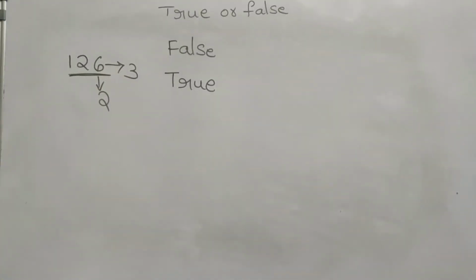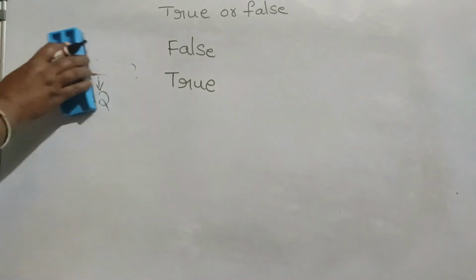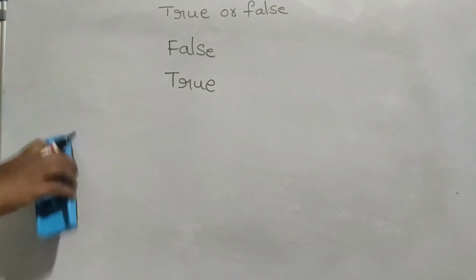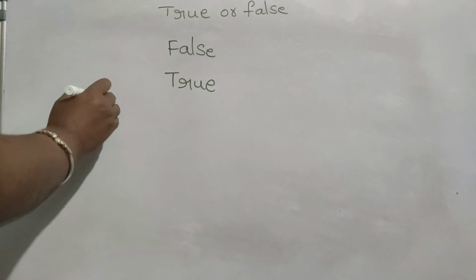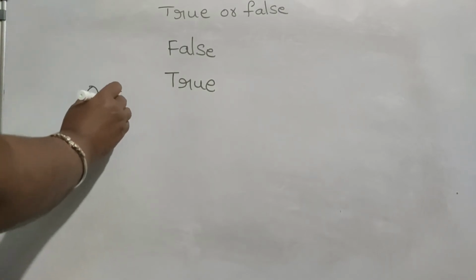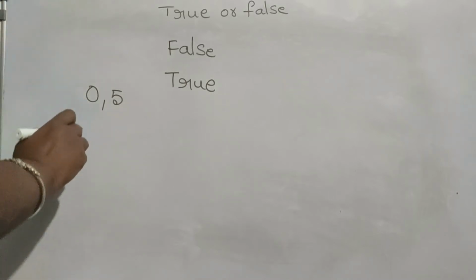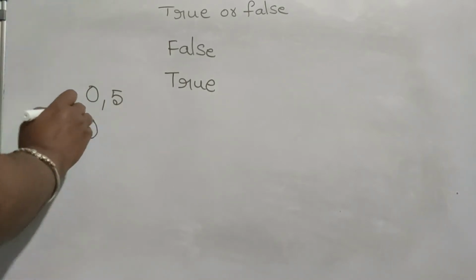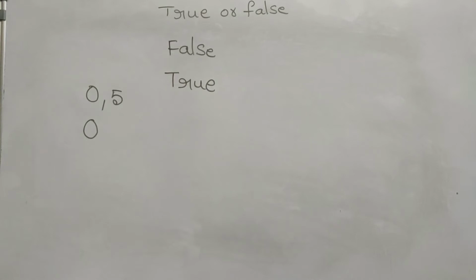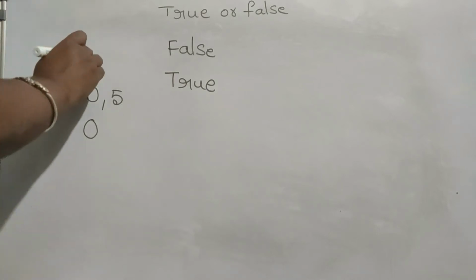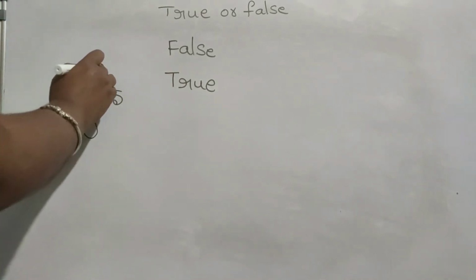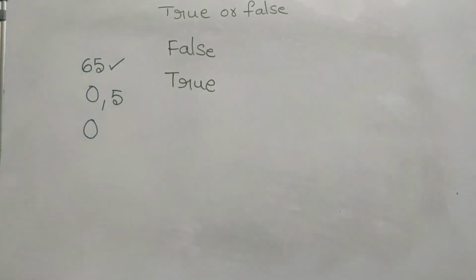And the third question: if a number is divisible by 5, it is also divisible by 10. 5 division rule: any number ending with 0 or 5 is divisible by 5. 10 division rule: any number ending with 0 is divisible by 10. 65 is divisible by 5, but not divisible by 10.